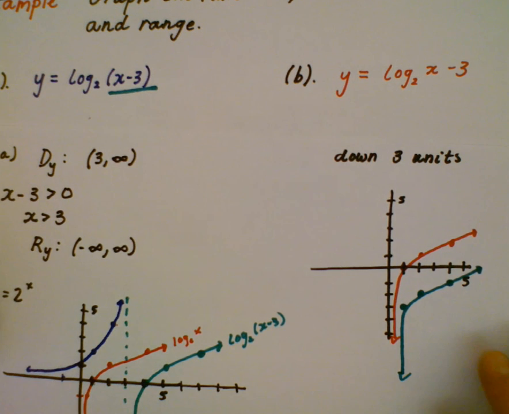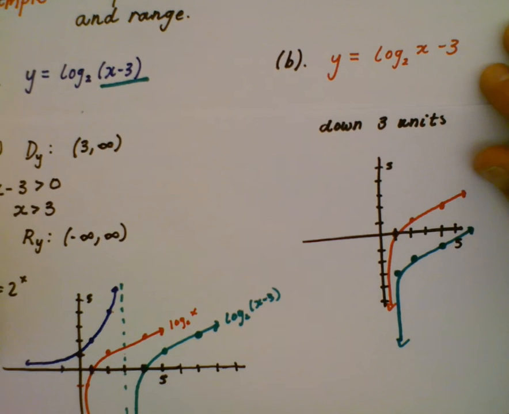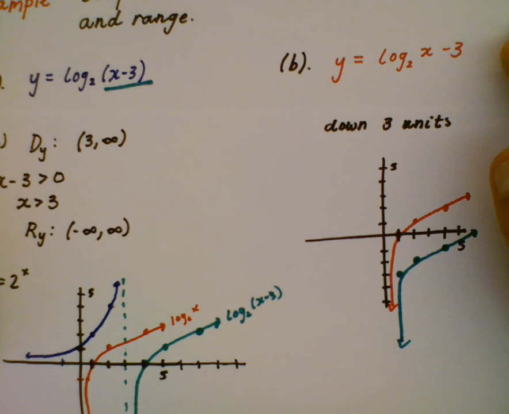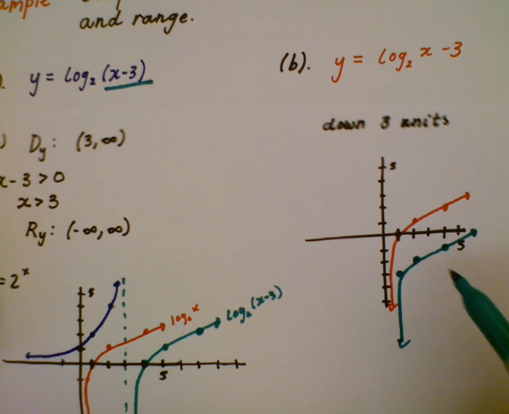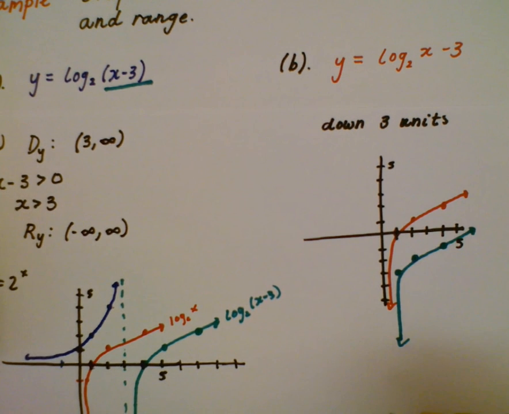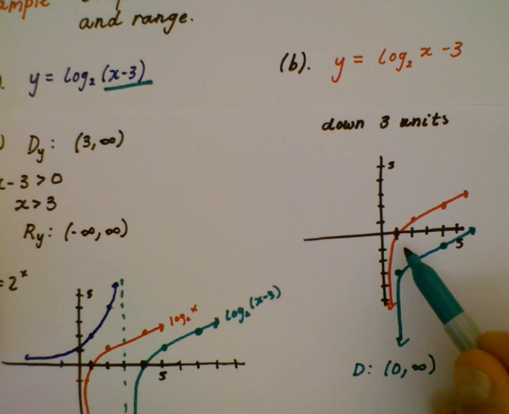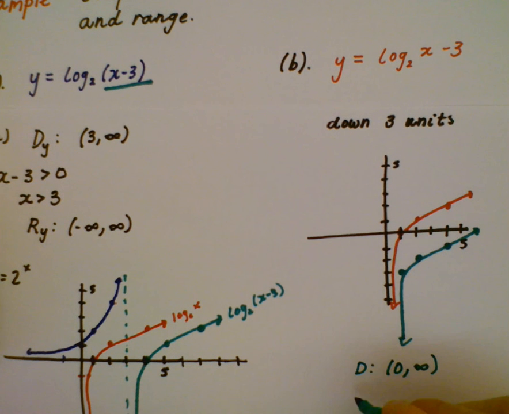Okay, so that's a couple of examples of translations. When you look here and we shift everything down 3, our domain doesn't change. It's still 0 to infinity. I did not shift left or right. Okay, and the range is actually not going to change either. It's all real numbers, even though I shifted the graph down 3 units.